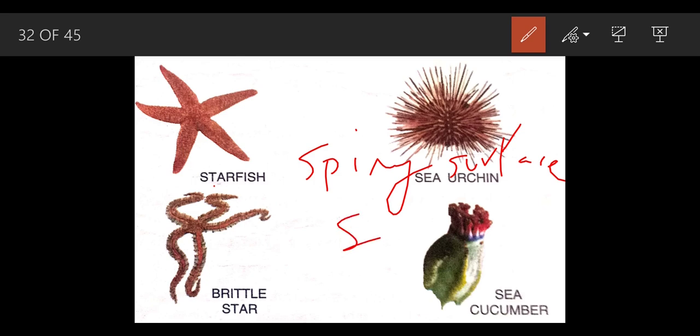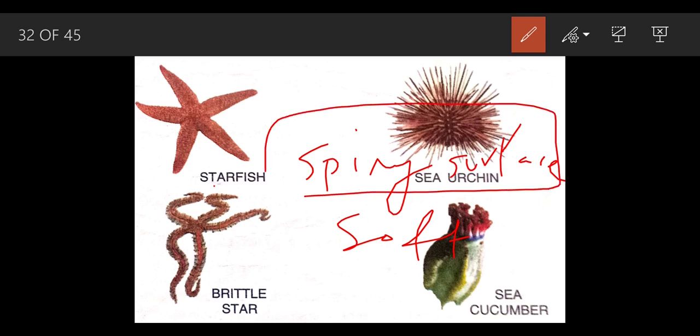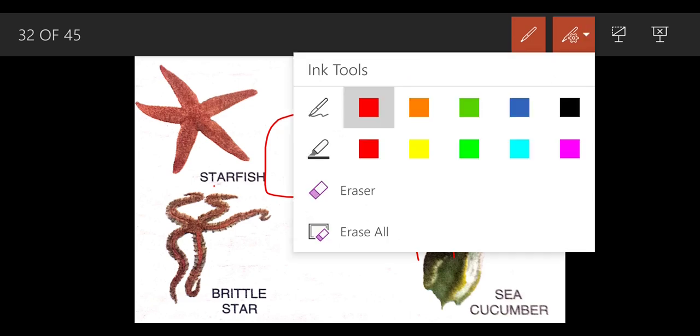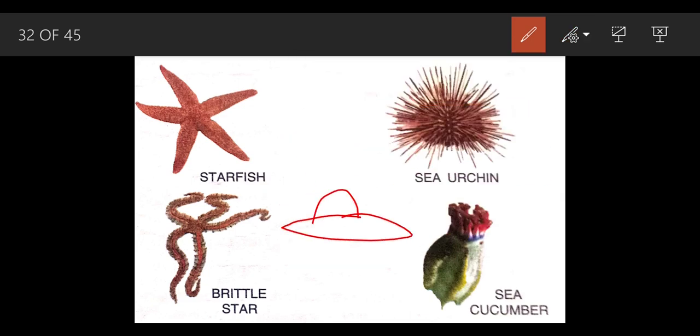Even they have soft bones. But why has this starfish not been placed in the mollusca? The reason is because it has the spiny surface to get protected. In the mollusca class they have the shell to get protected. Okay, in mollusca they move with the muscular foot, as I made you aware. Suppose this is a snail, so there are small legs present on the under surface, which is nothing but the muscular foot. But echinodermata, they move with the tube feet.